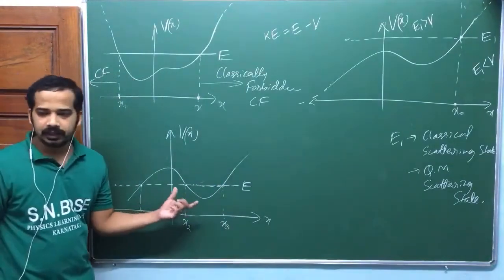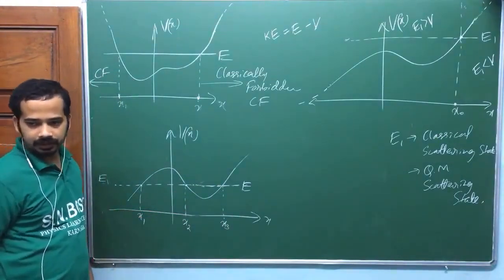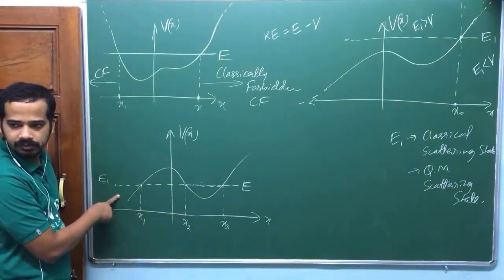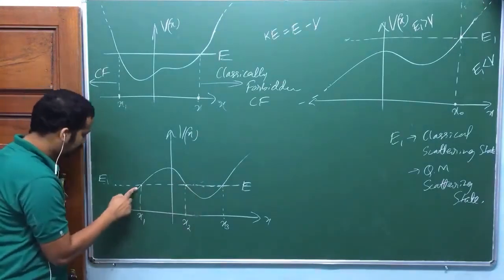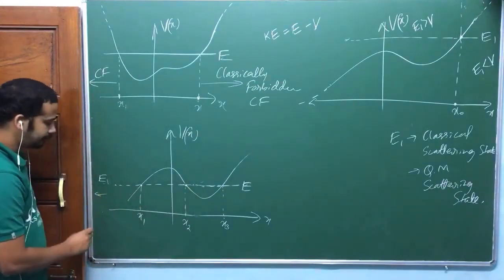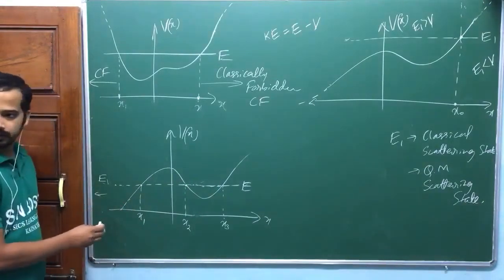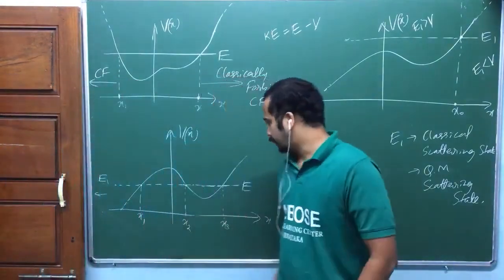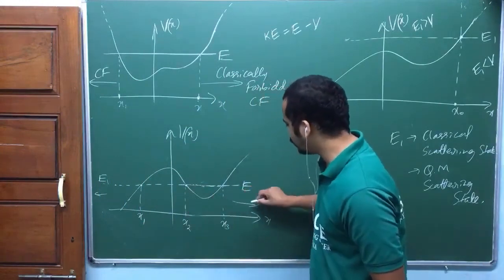If you leave the particle here, quantum mechanically, the particle can come here also. Once a particle comes here, it can escape in this region where your energy is greater than V, isn't it? Are you getting my point? So again, if you talk only about this region, in this region it cannot escape.